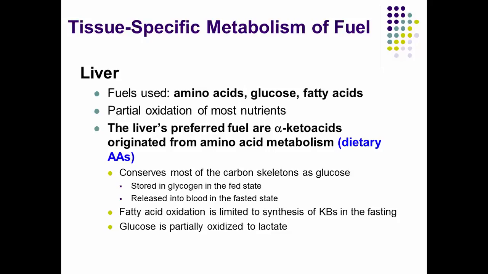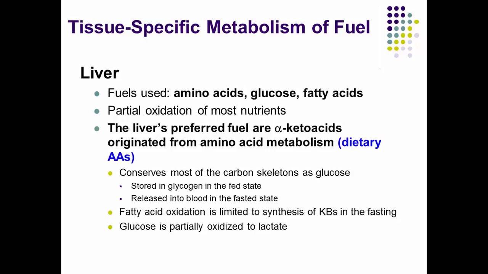So the energy fuels utilized by the liver are a little bit different from other tissues. First of all, it's amino acids. So it's not actually glucose, it's amino acids. So amino acids and then glucose and fatty acids. And all these three energy fuels are partially oxidized in the liver.